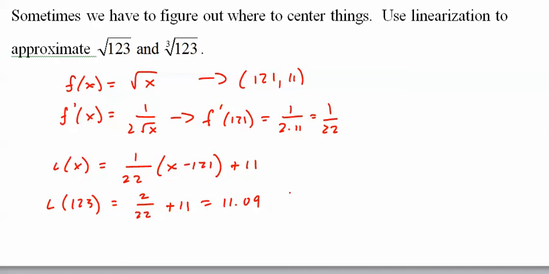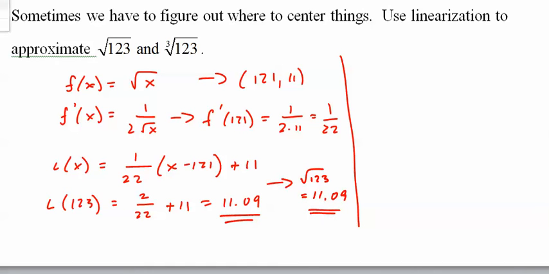If we take a calculator and we say, what's the square root of 123, we will find that we get 11.09. So they're actually a pretty good approximation.